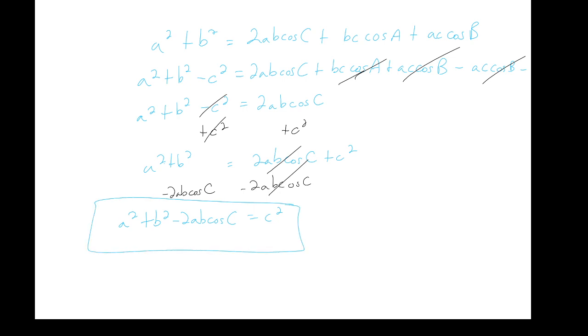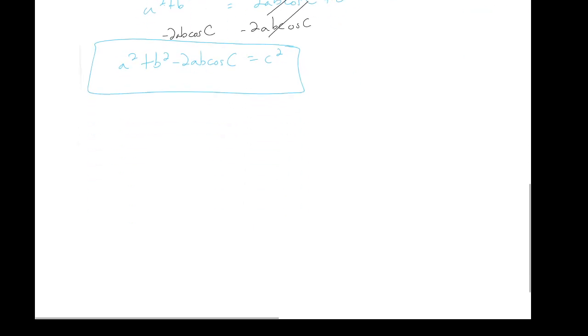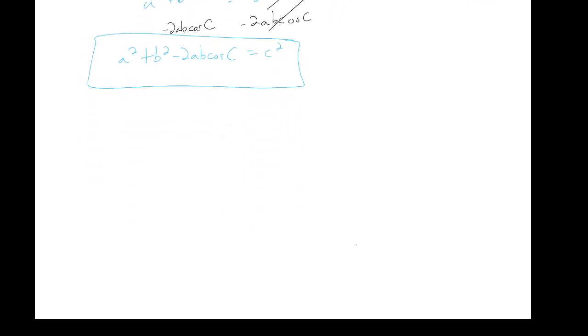We can express this for every single one of the angles that we have, or every single one of the sides that we have. So law of cosines. Given 3 sides, we can solve for 1 angle, right? Or given 2 of the sides and the included angle C, we can solve for the 3rd side, okay?